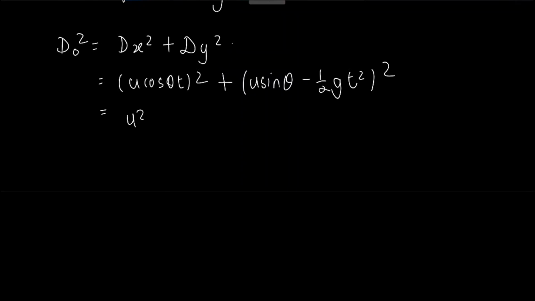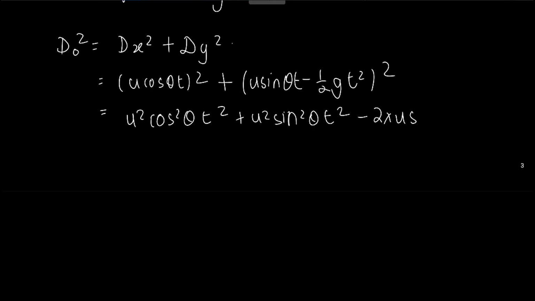Now this leaves us the expression u squared cos squared theta t squared, and this leaves us the expression u squared sin squared theta t squared minus 2 times u sin theta t times half g t squared, and the last expression squared is simply 1 over 4 g squared t to the power 4.